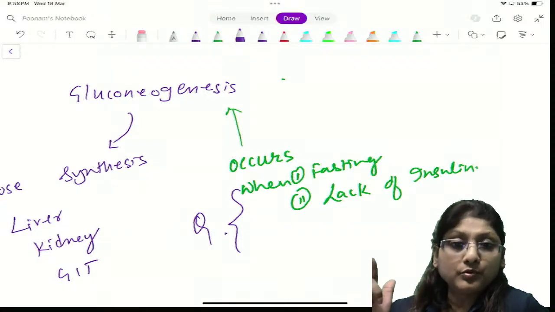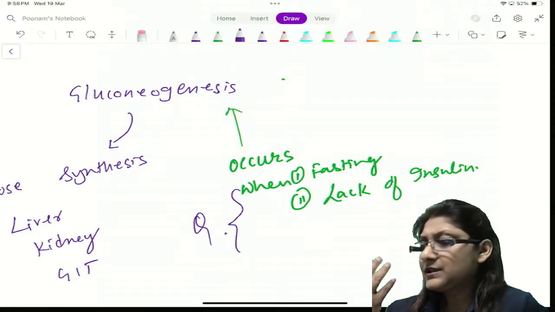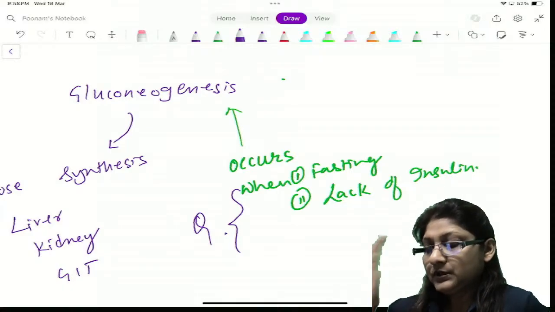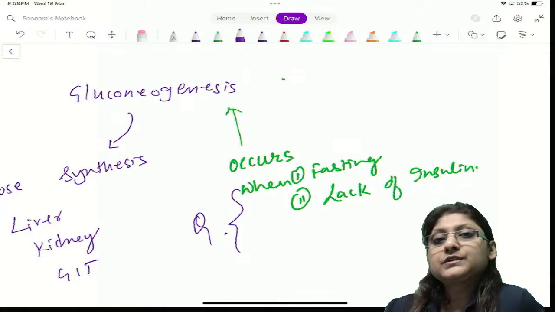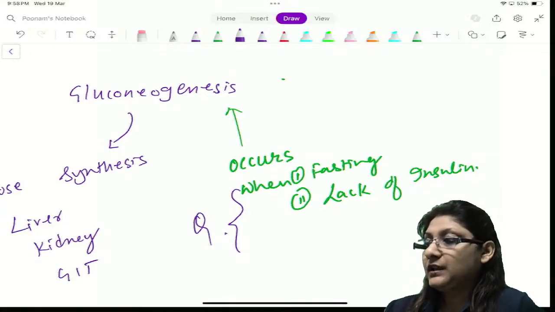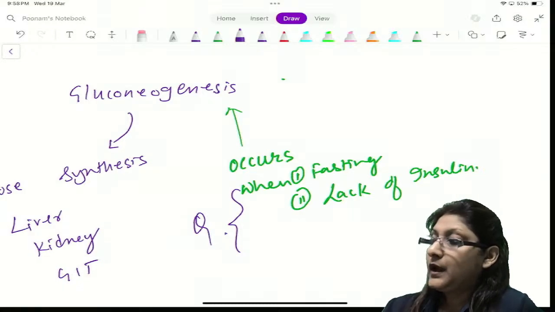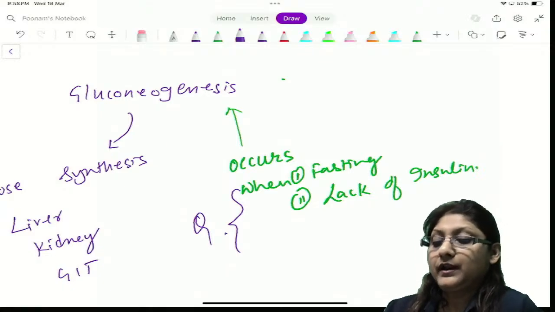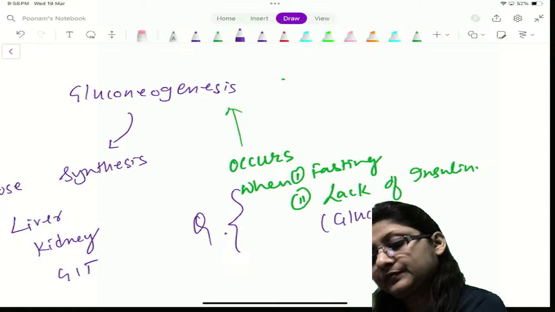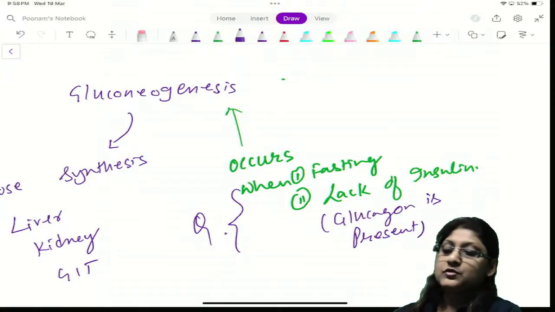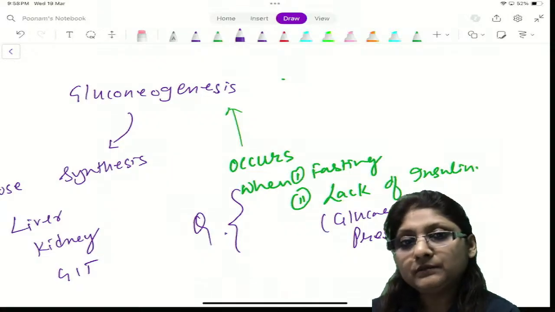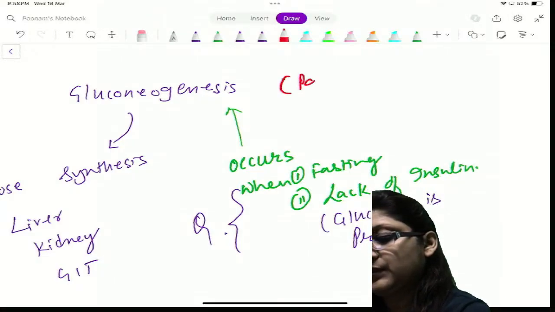But when we are talking about gluconeogenesis, which is logically an entirely different pathway opposite to that of glycolysis, it takes place only when the person is fasting, when dietary glucose is not available. And number two, when the hormonal state is such that insulin is not there and rather glucagon is present. Under these conditions, we have this pathway of gluconeogenesis, which is a partly mitochondrial, partly cytosolic pathway.